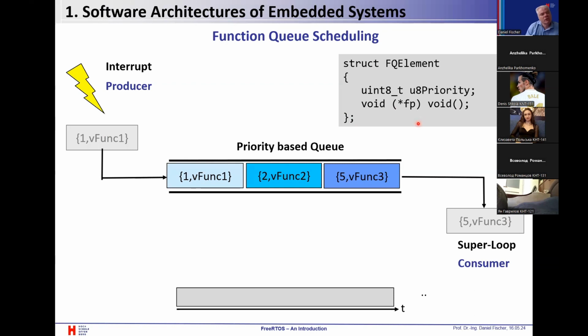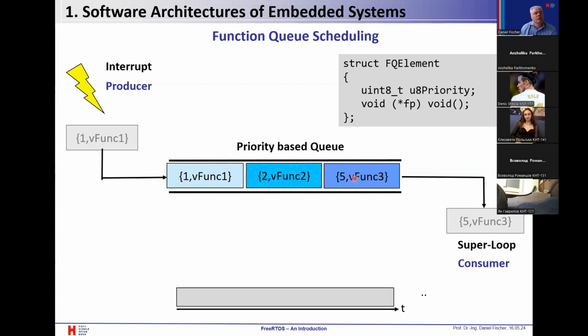And if you also want to handle priorities, you can add an extra element into this struct, which represents the priority. And if you use this priority, then you have a priority-based queue. That means you don't always put the elements in on the left-hand side. No, you consider the priorities.